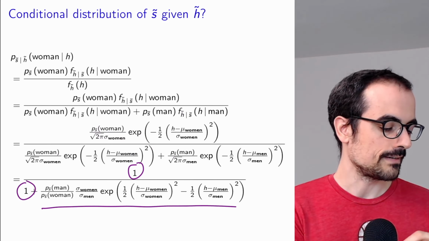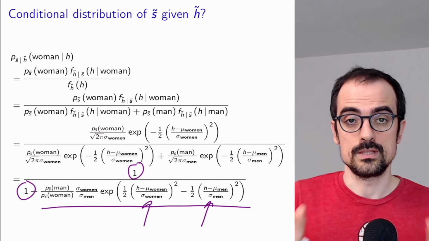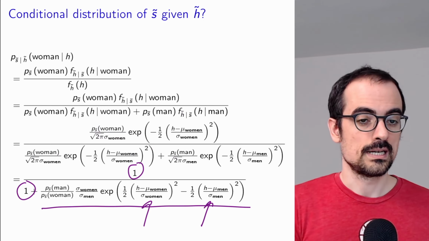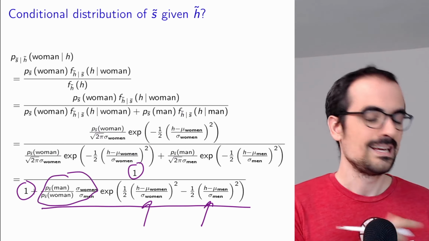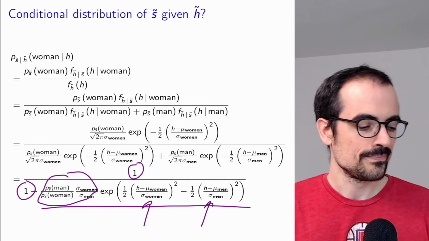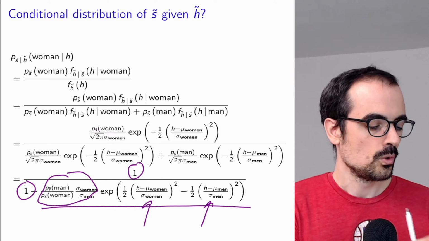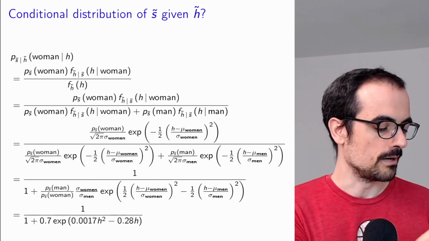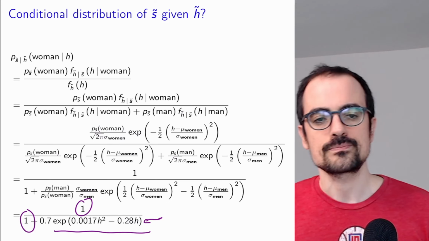And here we have a term where whatever we have within the exponentials get summed, and what was outside the exponentials get multiplied. And at the end of the day, when we plug in all of the numbers here, we get this expression where there's a 1 here, and there's an exponential of the feature.